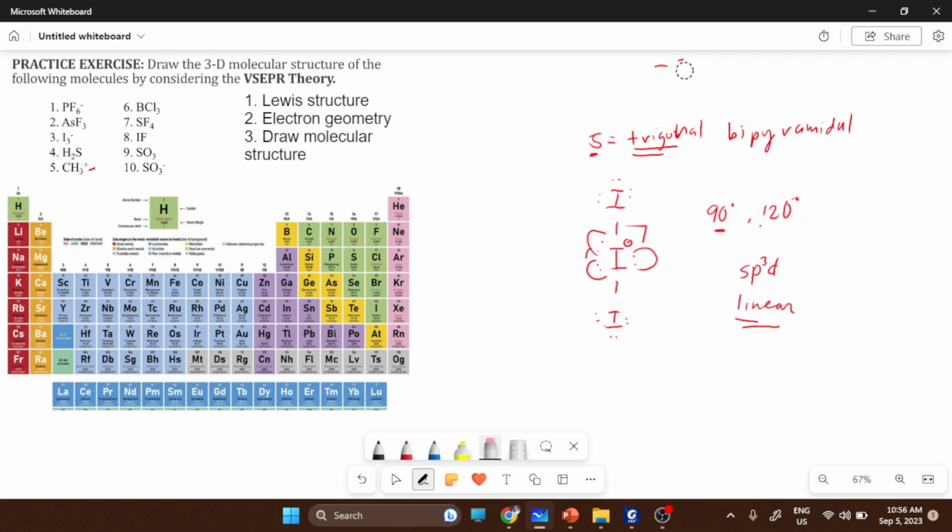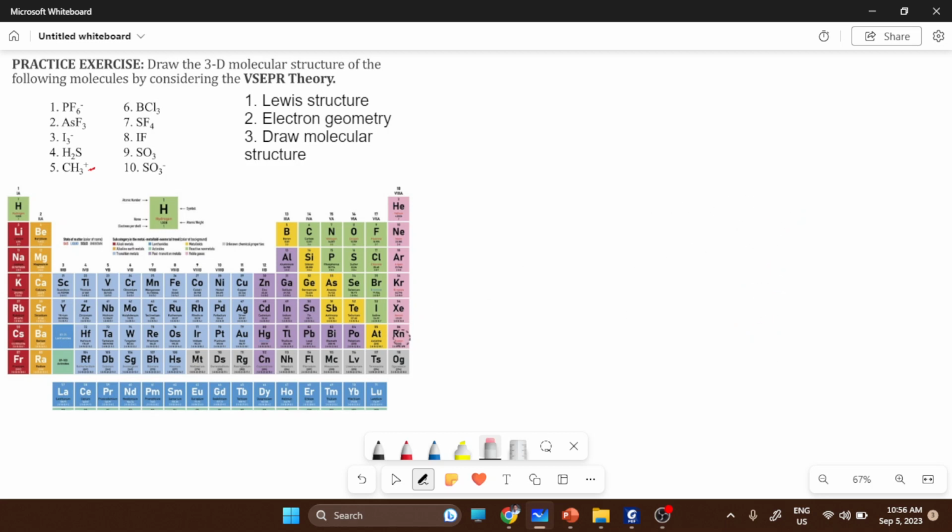Now for our number 4, that is dihydrogen sulfide. Okay, sulfur is group 6. So 6 Lewis dot. Kukunin ng dalawang hydrogen. So ilan yung electron domains natin dito?